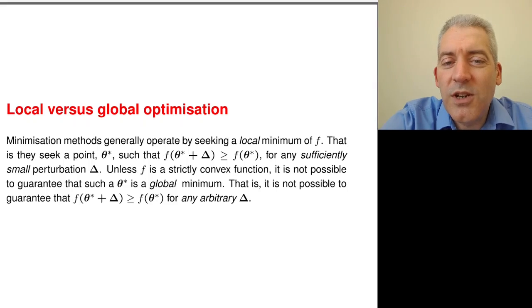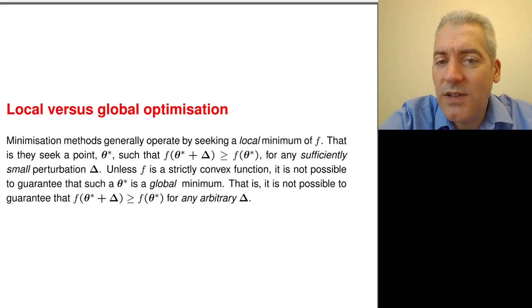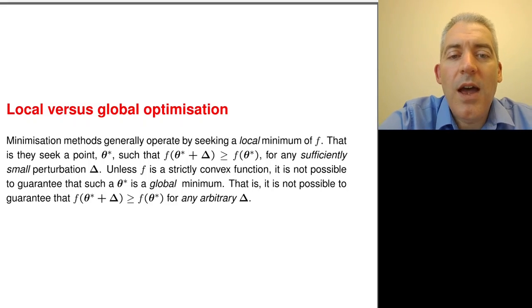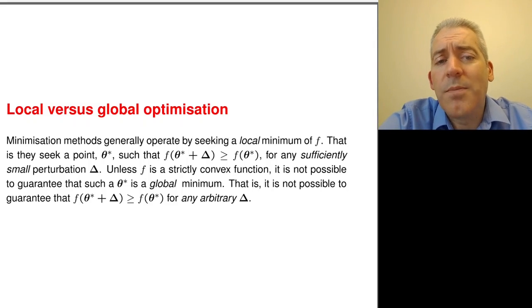So it's a local minimum in that we're only asserting the optimality of our theta star in the vicinity of theta star, subject to some notion of closeness. So you see how this notion of closeness is really important. So that's what we mean by a local minimum.